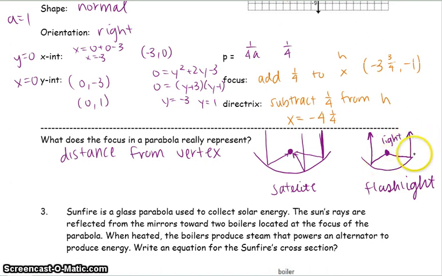Okay, so that's just one cool characteristic of your focus, is that no matter where it hits, it's going to end up going straight out. So if it hits a parabola, it'll go straight to your focus. If it is coming from the focus, it can hit the parabola and it'll shoot out. And all of these lines here are parallel. Same with your satellite. All these lines here are parallel.